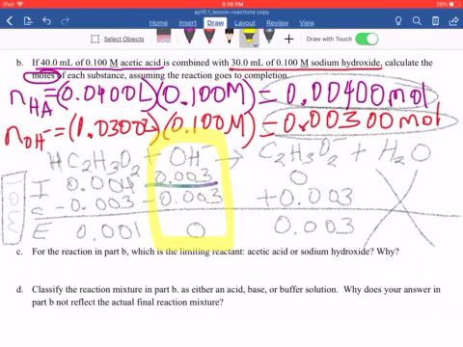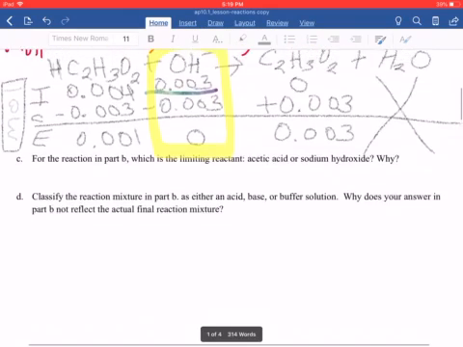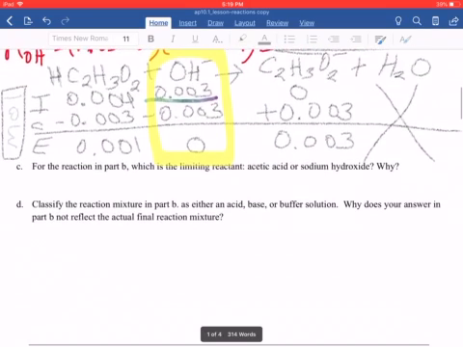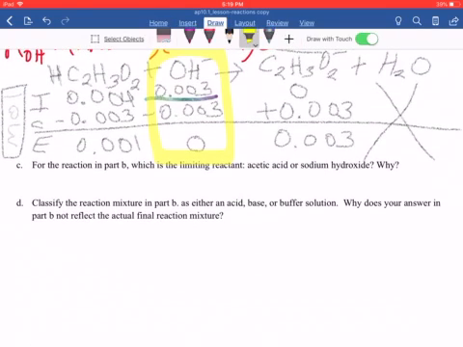All right, and then for part D, it says to classify the reaction mixture in part B as either an acid, a base, or a buffer solution. And why does your answer in part B not reflect the actual final reaction mixture? All right, so for this one, I'm going to go ahead and scroll up just a little bit. There we go, right there. So for this one, it is going to be considered a buffer solution.